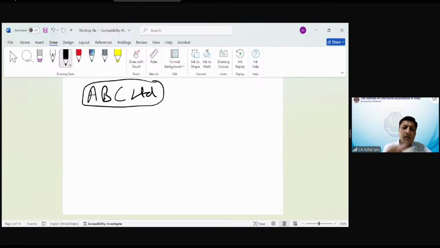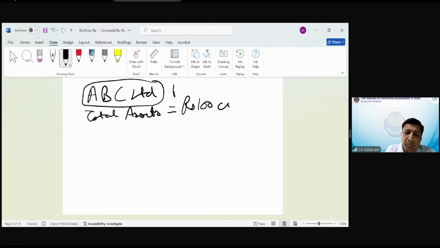If you look at the total assets of the company, their total assets are say rupees 100 crore. That's the size of total assets. Profitability is not much. Profits during the year have not been a very significant amount, 50 lakhs.